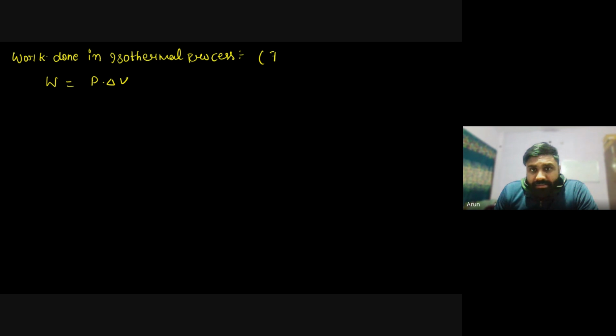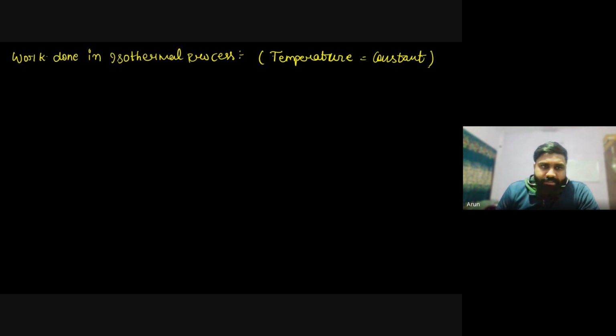In this process, temperature is equal to a constant quantity. So work done we will take here for a very small volume change. So dW we can say is P into dV.